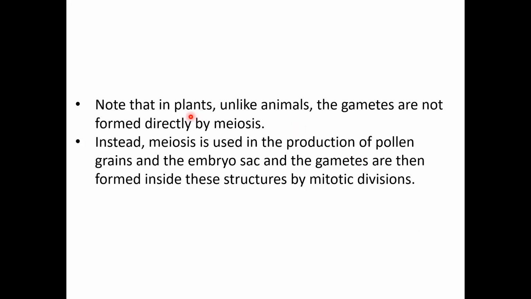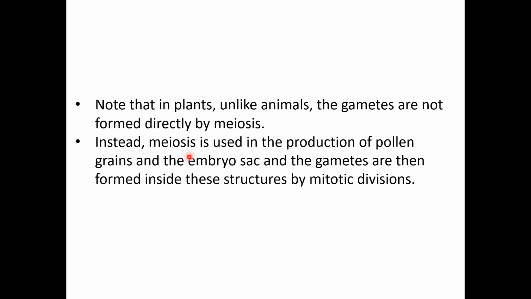But now the thing is that in plants, unlike animals, gametes are not formed directly by meiosis. Because as we just looked at gametogenesis in humans as well, they were being formed by meiosis. But in plants, gametes are not formed directly by meiosis, right? Meiosis takes place, but it is used in the production of pollen grains and embryo sac, right?